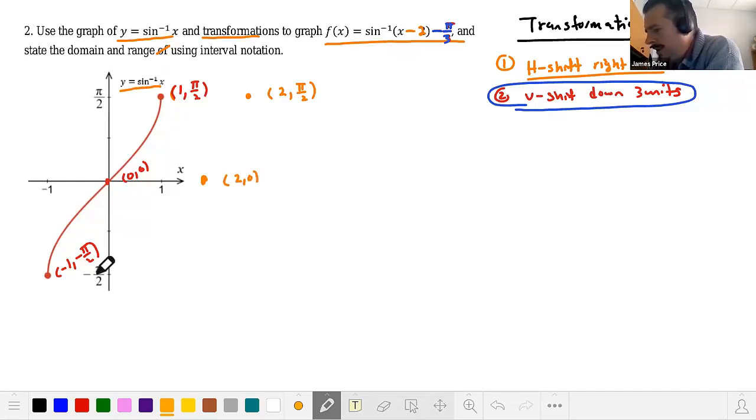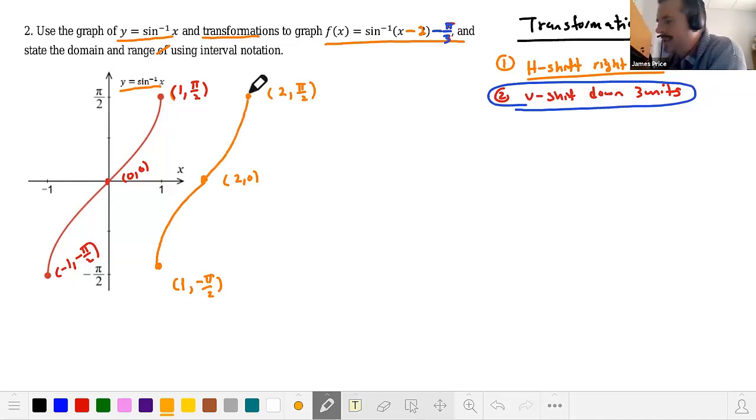I guess I did not draw this to scale very well, did I? Because if I go over 1, 2, I wind up right here. That's not too bad, I guess. So, 1, 2, and so that's the point +1, comma, negative pi over 2. So it's like -1 goes to 0, goes to 1. And now I just connect the dots the best I can, trying to reflect the graph I was given before. So it looks something like that.